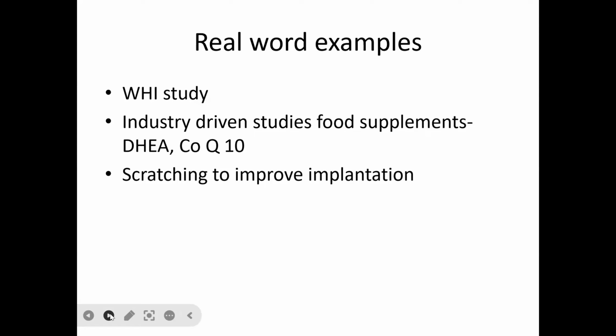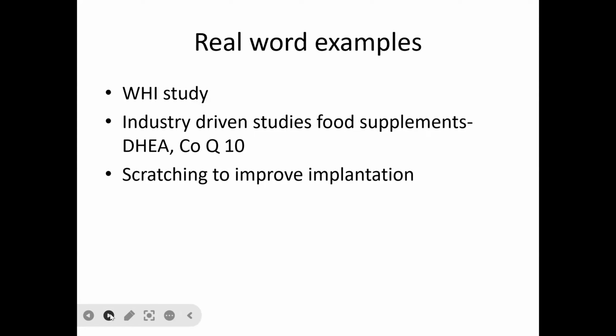Then in infertility, we have a lot of studies for food supplements like DHEA, CoQ10, which are not of good quality, and ultimately you end up saying that, because if you review any meta-analysis on these supplements, some meta-analysis will say there is an effect, some will say there is no effect, but the evidence is of poor quality.